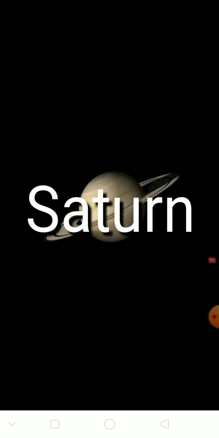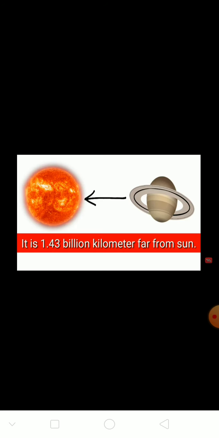The next, sixth planet is Saturn. Saturn is the sixth planet from the Sun. It is 1.43 billion kilometers far from the Sun.